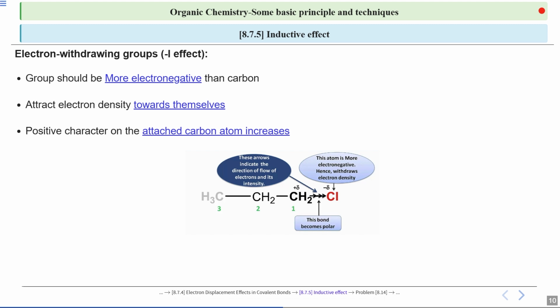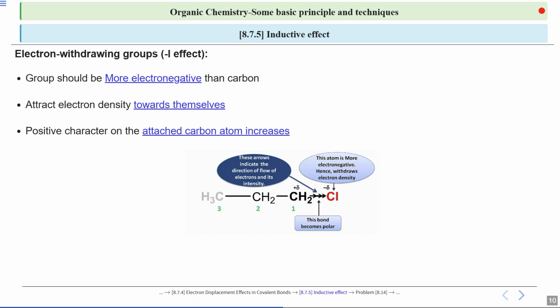Now what else can be inferred from here? Can we depict something about the chemical reaction? Remember, we have talked about the electrophiles and nucleophiles. What are nucleophiles? Which are nucleus loving, or which love positive charge. So if a nucleophile comes, where will it attack?